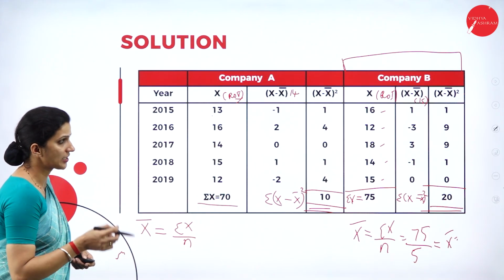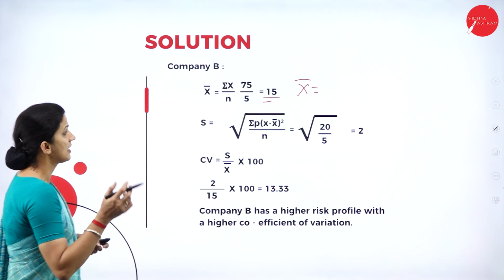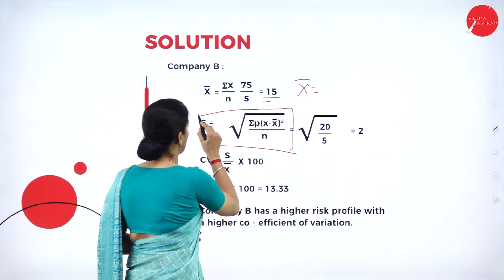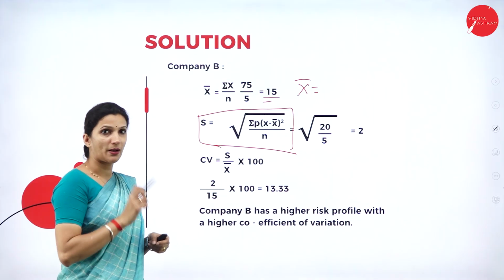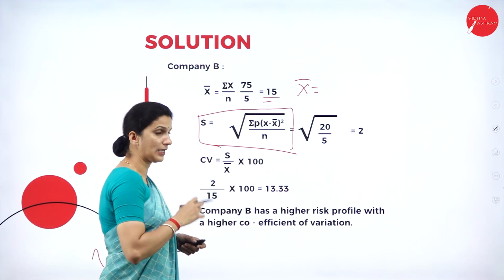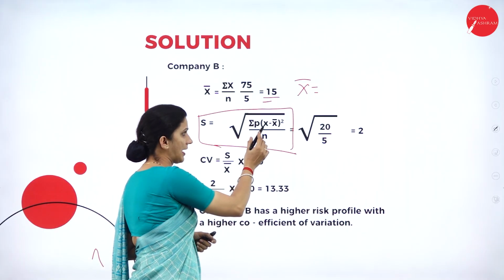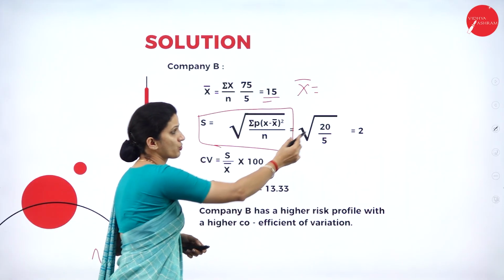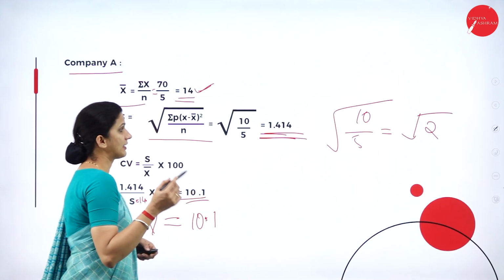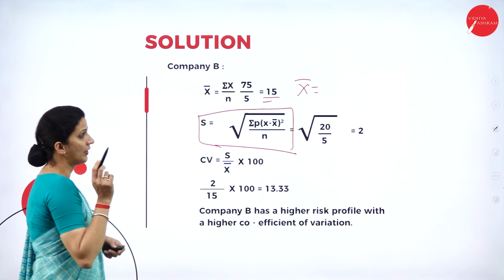Now that 20 we'll use to calculate the standard deviation. Here also your formula for standard deviation is root of sigma p into x minus x bar square divided by n. Here we don't have p, so we'll just take sigma x minus x bar square, which is 20, divided by n, which is 5.